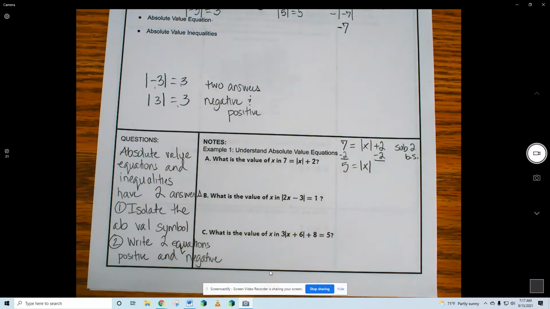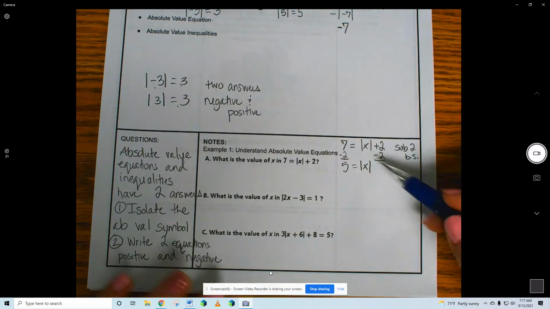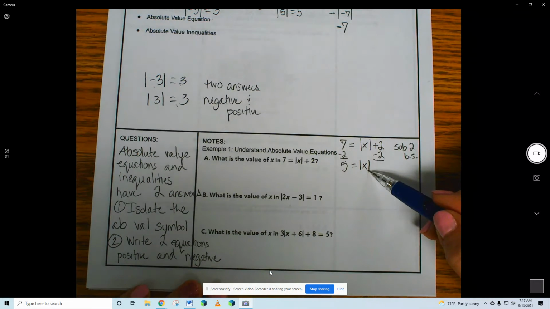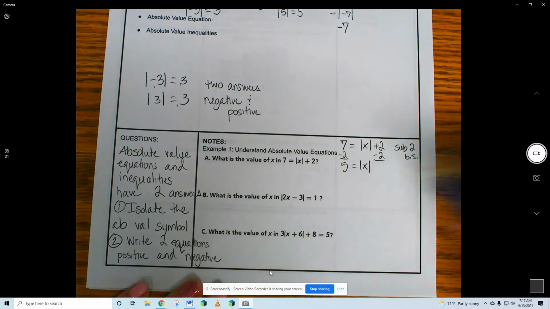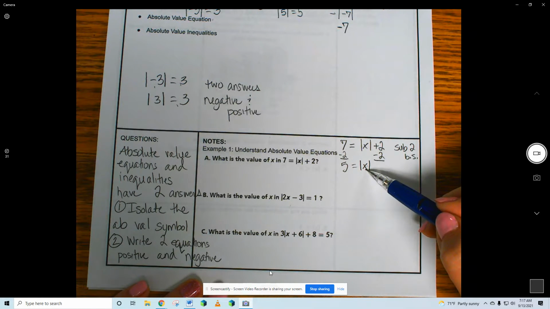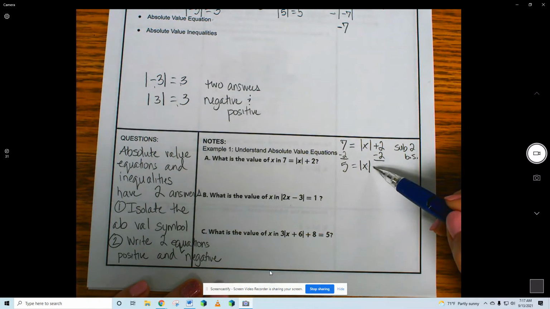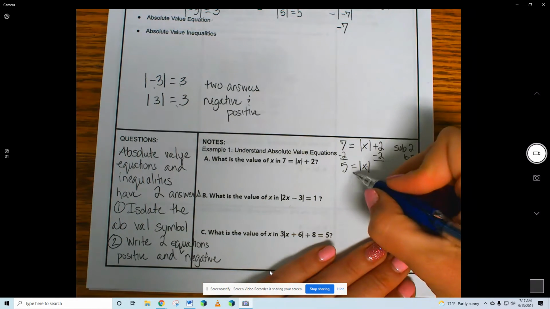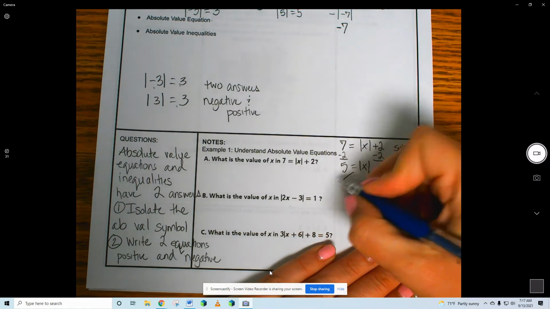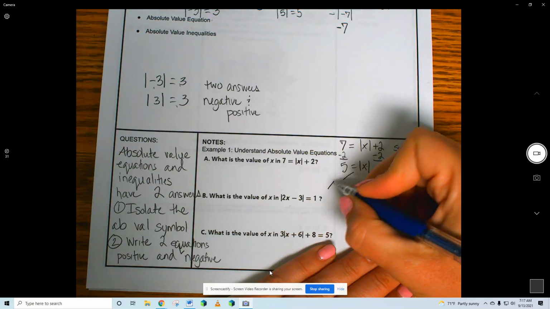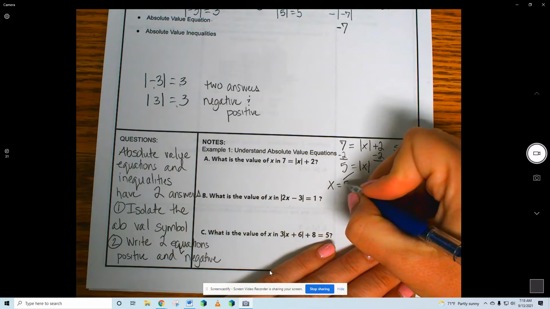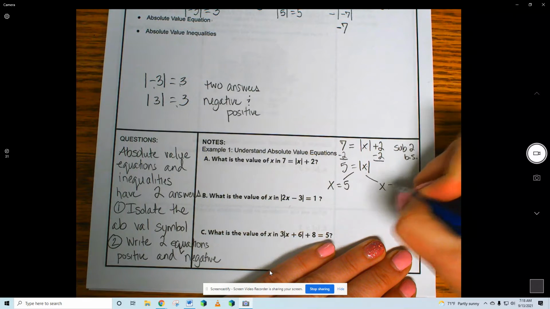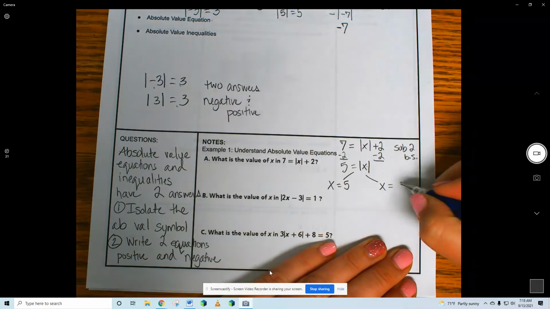This is where I write my 2 equations. What numbers can I plug into x and get a positive 5 out? What number could I put in this absolute value symbol and get a positive 5 out? I could do x equals 5, or I could plug in negative 5.